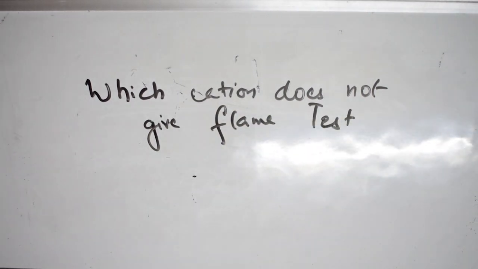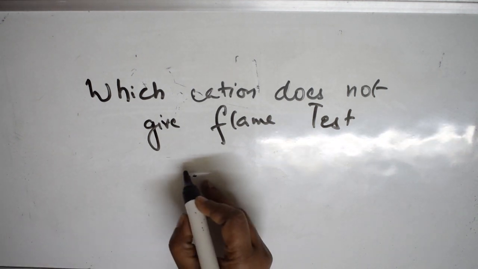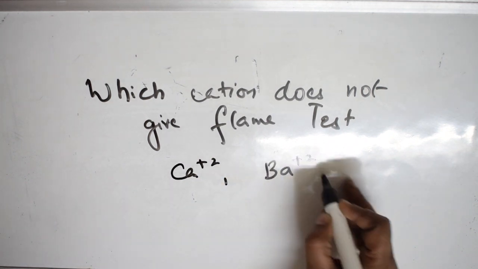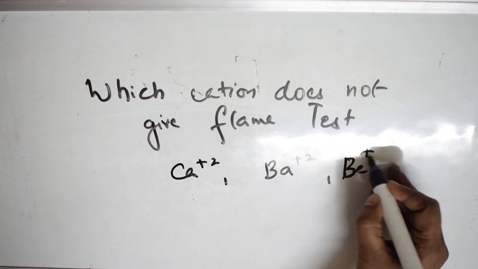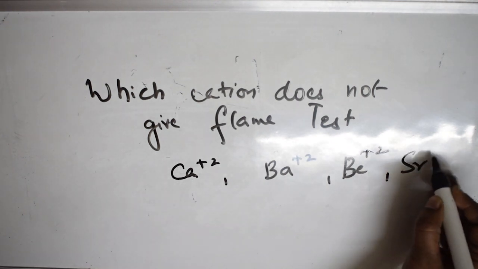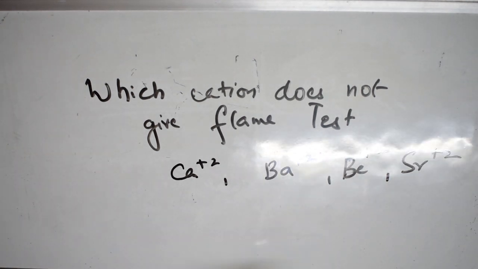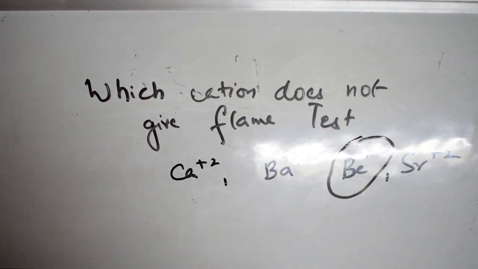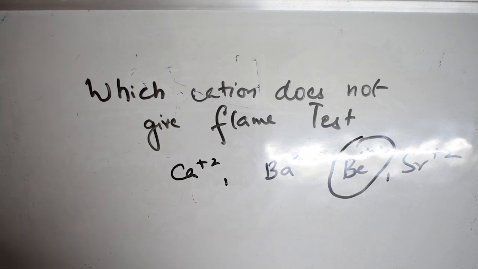All the flame tests we have seen: potassium, lithium, calcium. If she gives me options among calcium, barium, beryllium and strontium, which is the cation that does not show flame test? Beryllium is the option. Remember, beryllium cation does not give flame test. Don't give a different color there. It does not respond to flame test.